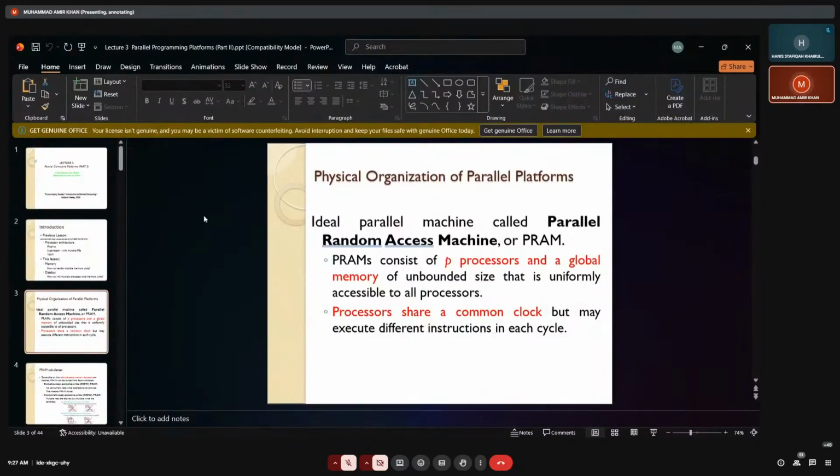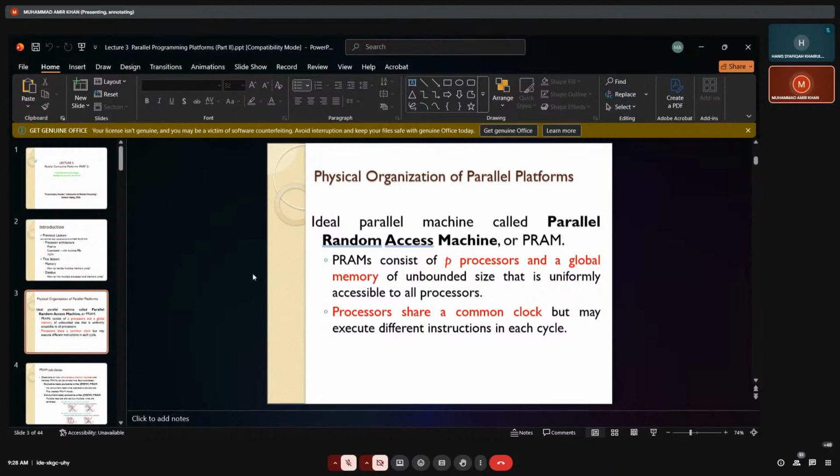So basically, the physical organization of parallel platforms: the ideal parallel machine or parallel system is called the parallel random access machine, or PRAM. So what is PRAM? PRAM consists of processors and a global memory, a uniform memory of unbounded size that is uniformly accessible to all the processors.